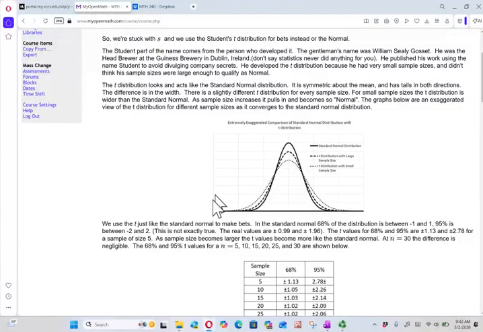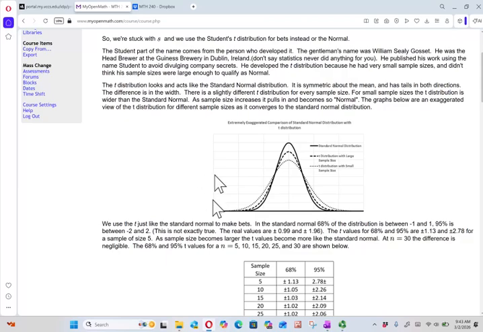The T distribution for small sample sizes is flatter and wider, so that instead of 2 standard errors up and down, depending on the sample size, we might have 2.1 standard errors up and down. So the T distribution is wide, and if the sample size is small, it is very wide compared to the standard normal. Because Mr. Gossett was working with sample sizes as small as 5. Because he's making beer. So he's got small sample sizes.